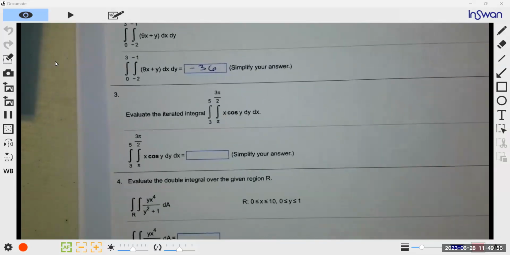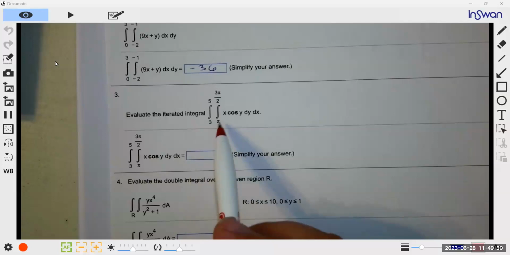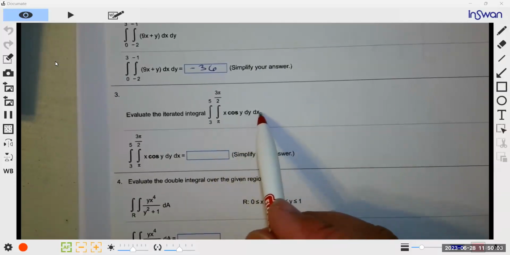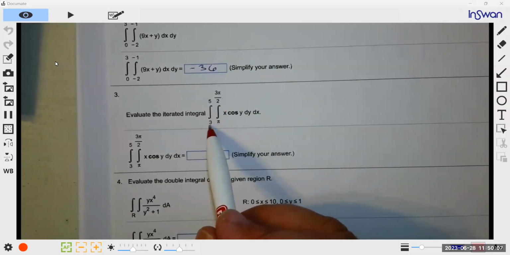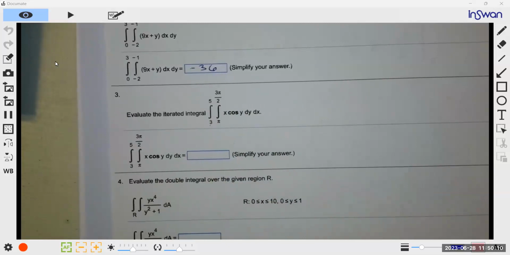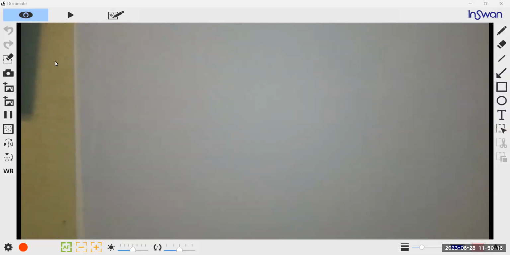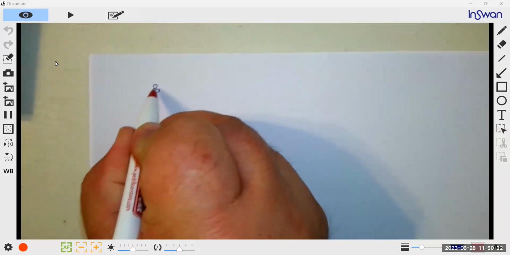All right, number 3. Evaluate the iterated integral with respect to y and with respect to x of x cosine y. So that's with the x, that's with the y. Number 3.